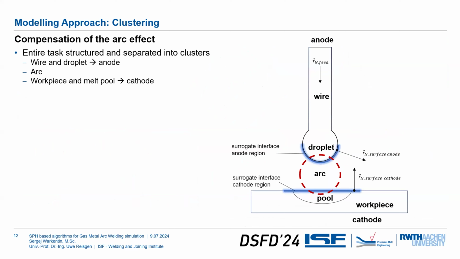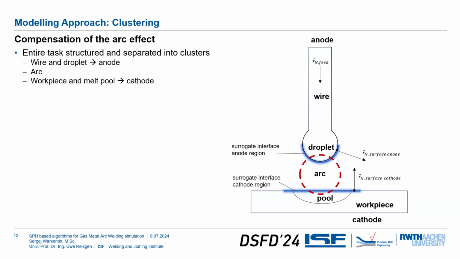Now, specific to our results, or for the models that we calculated the results, we separated the task in three domains. I would say we have the anode, which is normally positive polarity with the wire and the droplet, and the cathode that is normally negative in gas metal arc welding, and we have the arc in the middle.